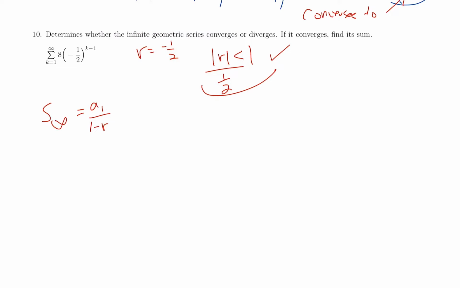What is the first term? The first term here is 8 over 1 minus -1/2, which is 8 over 1 plus 1 over 2. 8 over 3 over 2 is 8 times 2 over 3, which is 16 over 3.